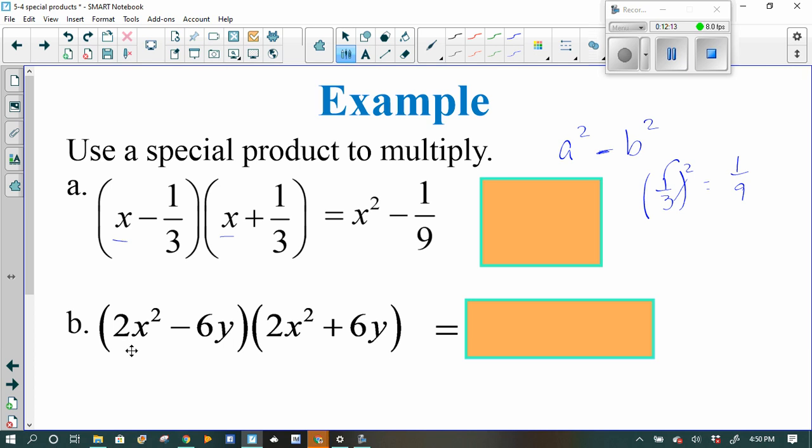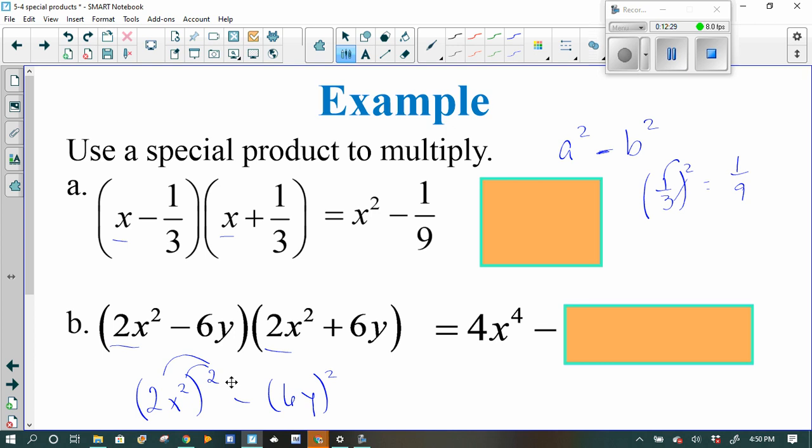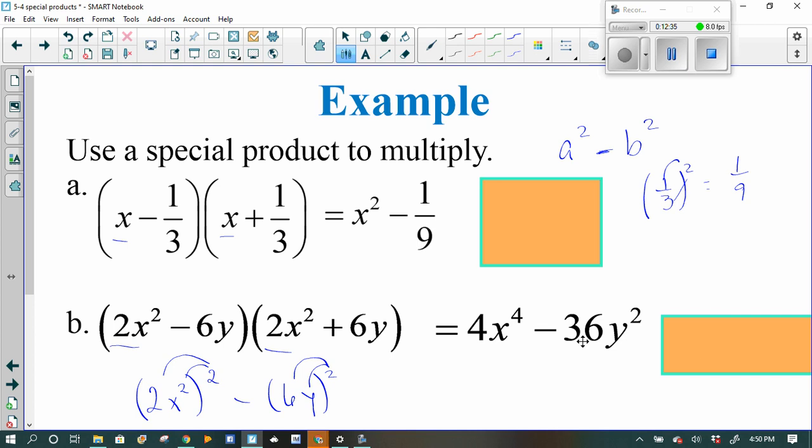Here we're going to do 2x squared, so (2x squared) squared, minus (6y) squared. This is going to be 4x to the 4th minus 36y squared. And you're done.